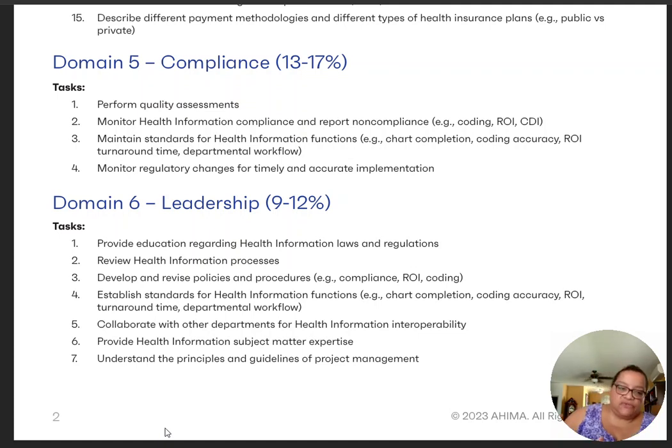So again, those are the 6 domains or topic areas for the RHIT exam. You have the ability, as we go through this class and use the book, when you have completed, say, taking a set of questions.